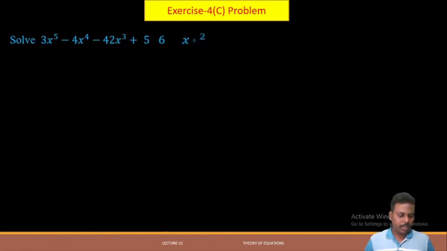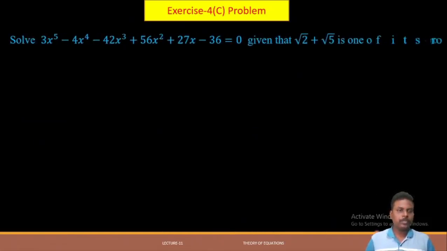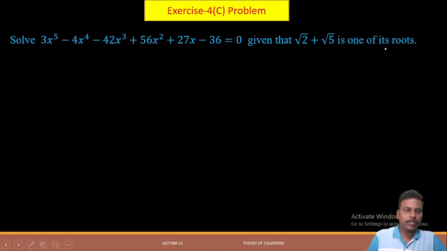Here is our next problem. Solve the equation 3x to the power 5 minus 4x to the power 4 minus 42x cube plus 56x square plus 27x minus 36 is equal to 0, given that root 2 plus root 5 is one of its roots. We have to solve this polynomial equation. Here is the solution.